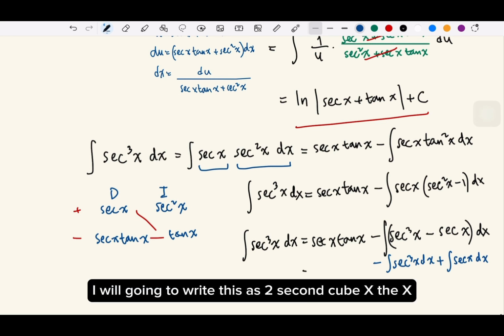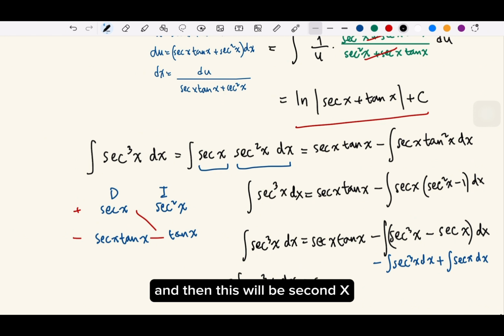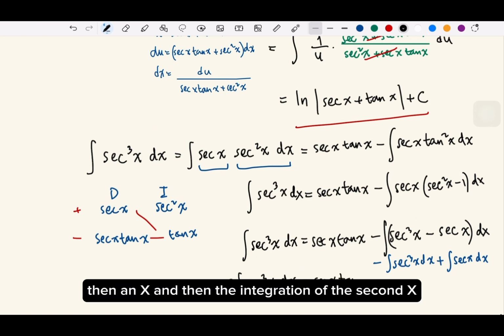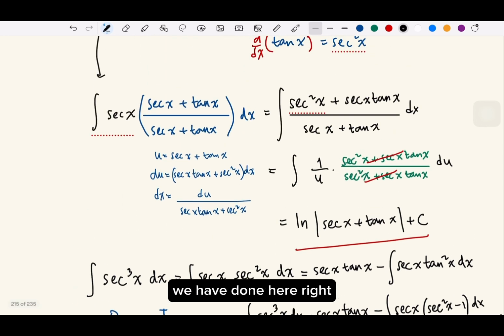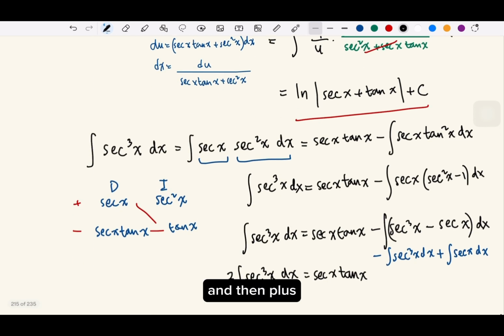So I will write this as 2 times the integral of secant cube x dx, and this will be secant x tangent x, and then the integration of secant x we have done here, which is the ln, plus ln secant x plus tangent x.